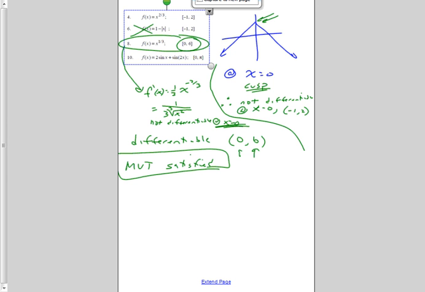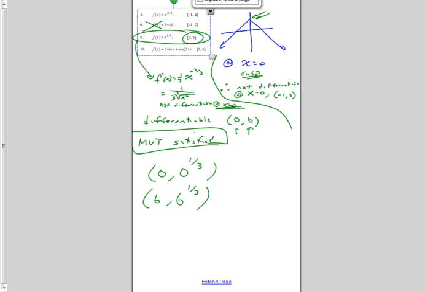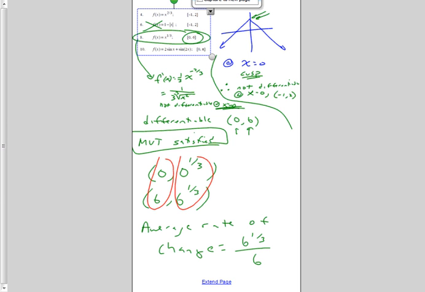So in other words, we know that we have the points 0, comma 0 to the 1/3 and 6, comma 6 to the 1/3. So my average rate of change is 6 to the 1/3 over 6, which is the change in y over the change in x.